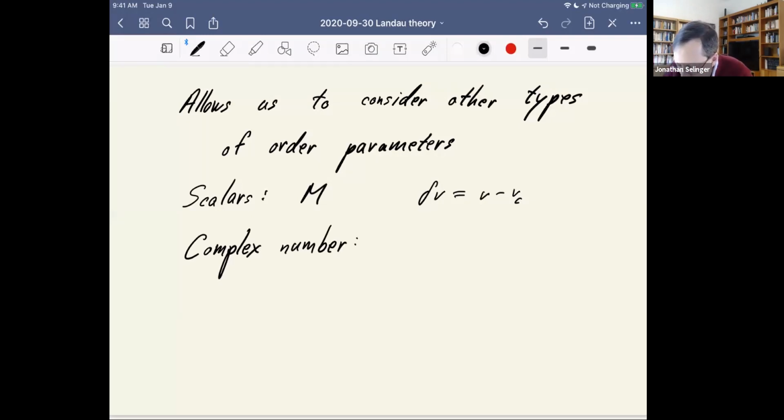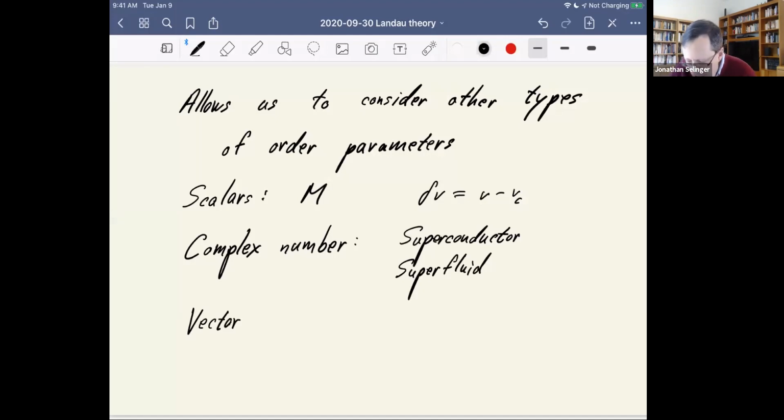For example, for a superconductor or a superfluid. And I believe that was Landau's original motivation. Okay. There are other problems where the order parameter is a vector.